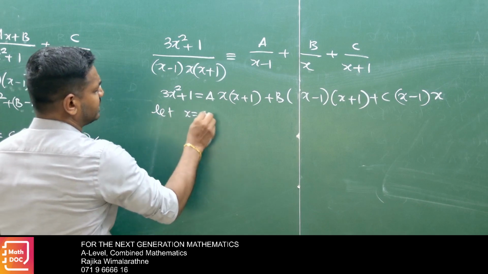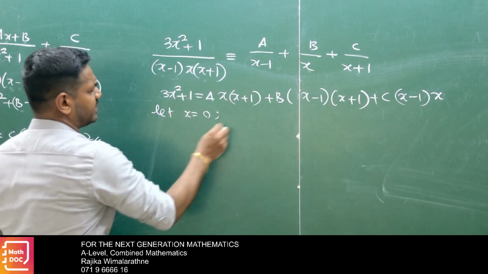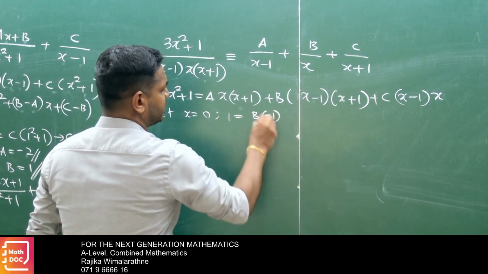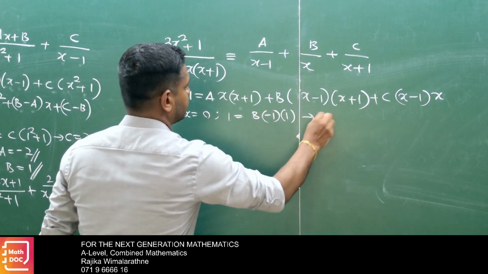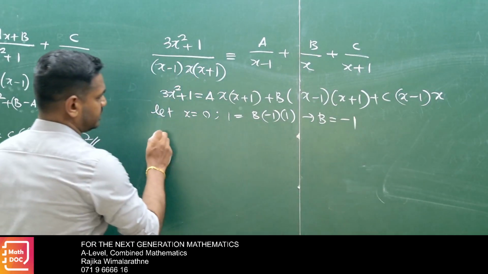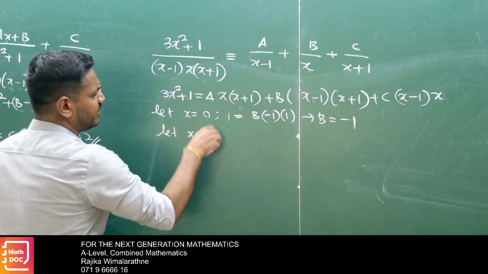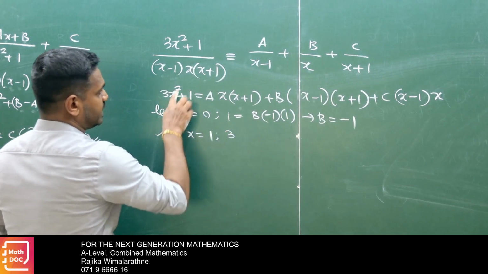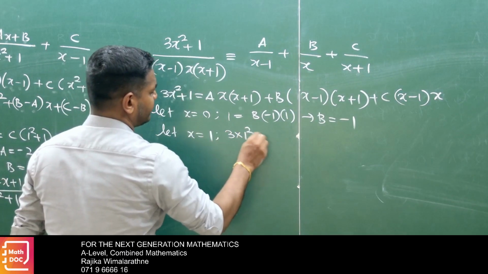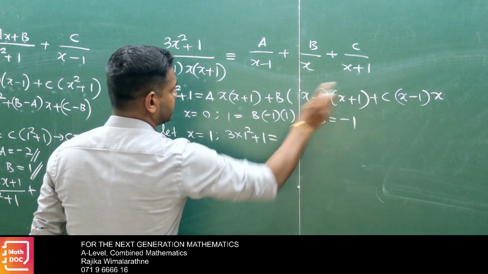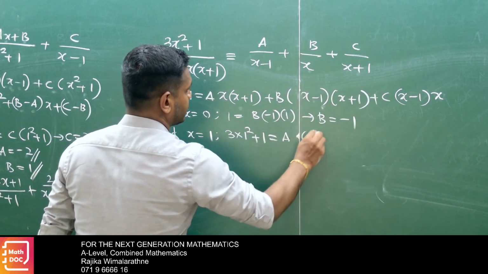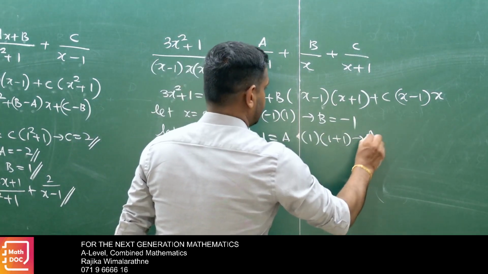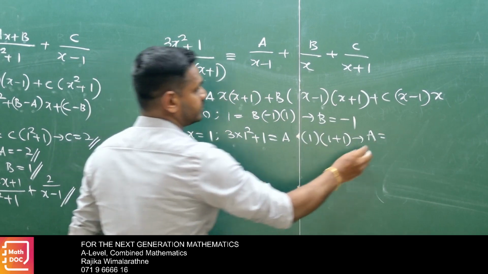Now let x equal 0. Here we get B times minus 1 plus 1, so B equals minus 1. Let x equal 1. Then 3 times 1 squared plus 1 is 4, and the other terms are 0, so A times 1 plus 1 gives A equals 4 over 2.